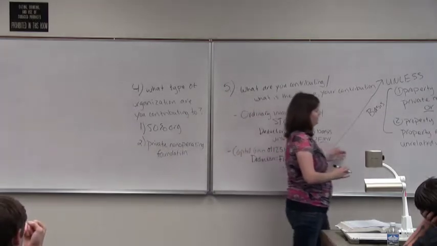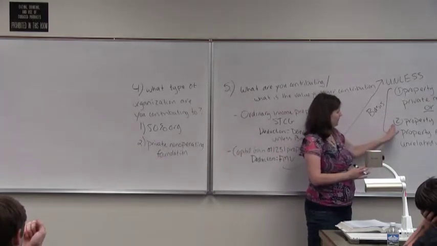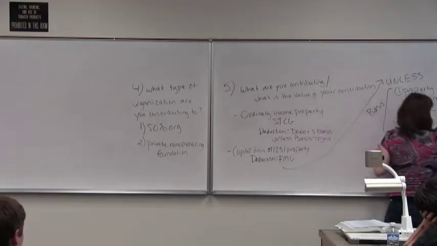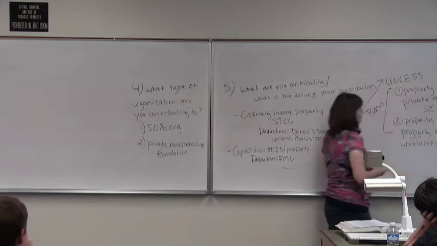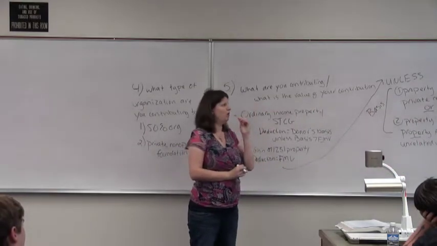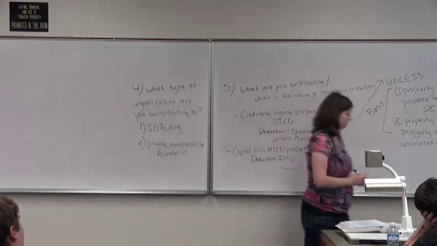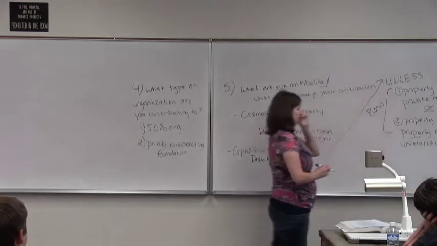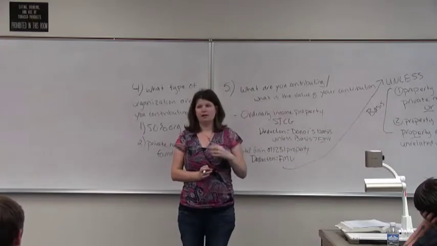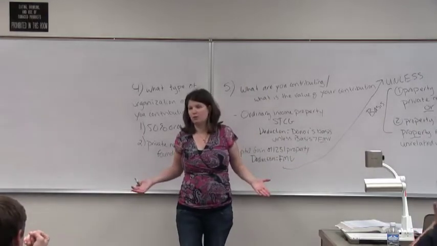So if it qualifies for either one, we have to look at two things. First of all, is it tangible personal property? So let's think about the words personal property first. And this is on slide 56. Personal property is basically something that's not real property.